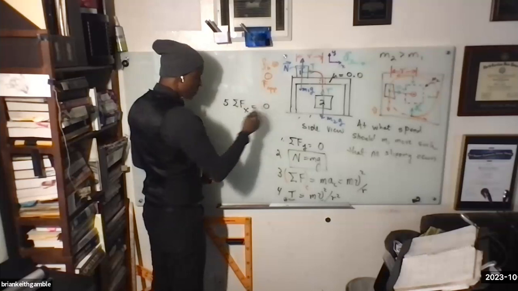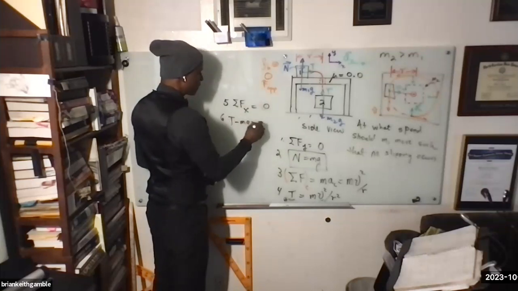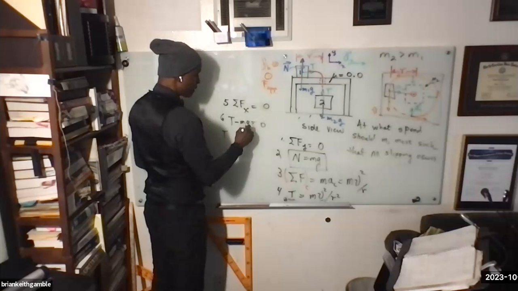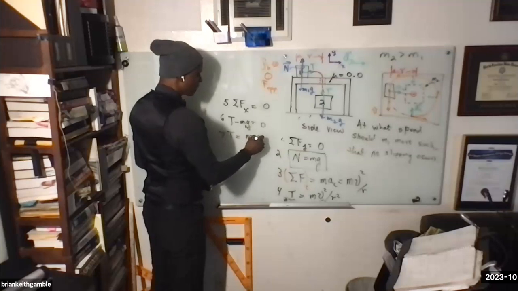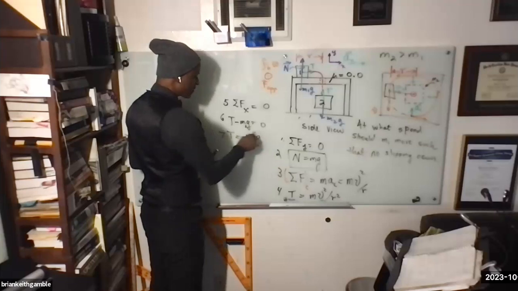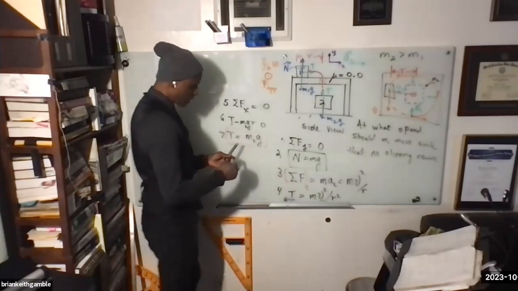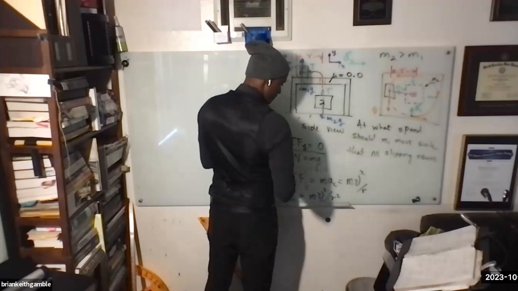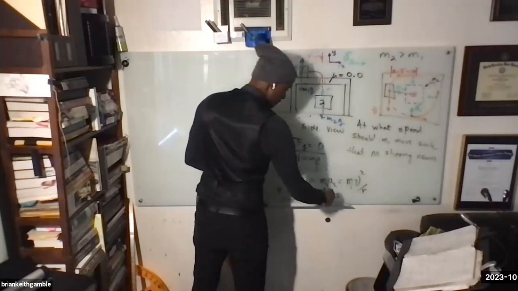So again, you apply T minus m2g equals 0. So T is equal to m2g. That gives me that unknown, and then I can take that and substitute it back into equation 4. By the way, this was m1.